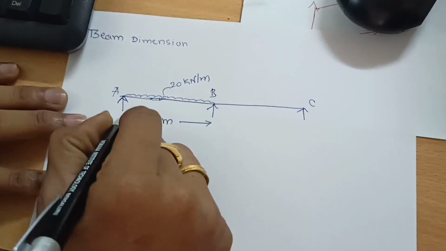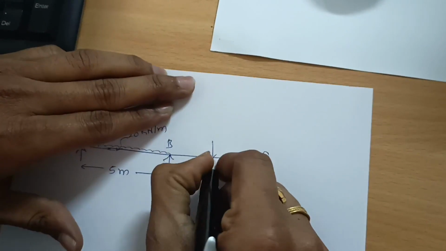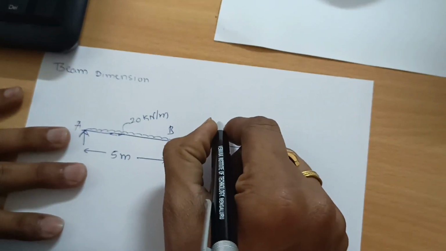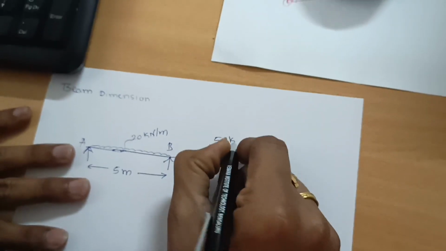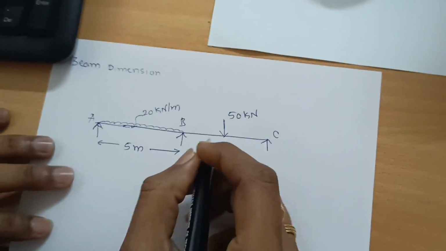Similarly, the BC member is subjected to a concentrated point load at the center of the BC member. The magnitude of the concentrated load is 50 kilonewton. The loads are in kilonewton, and the uniformly distributed load is in kilonewton per meter.